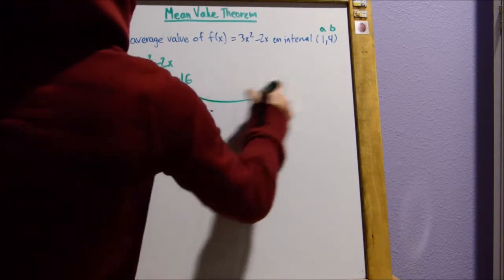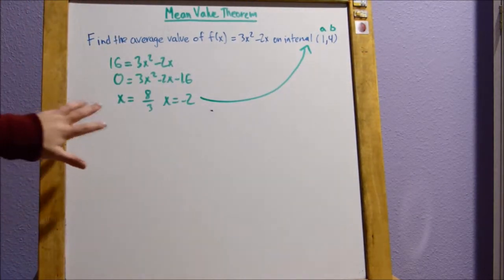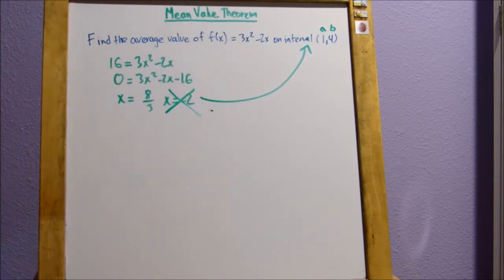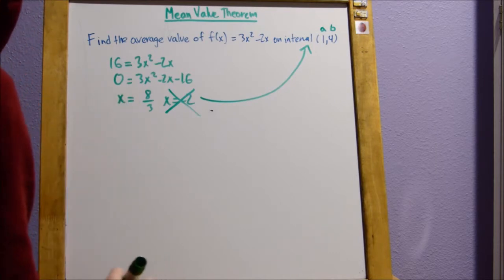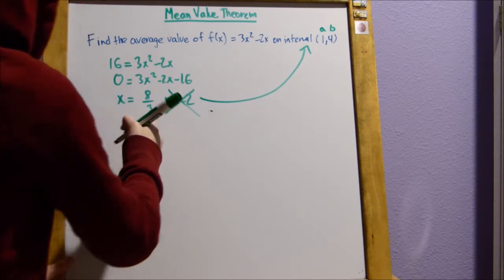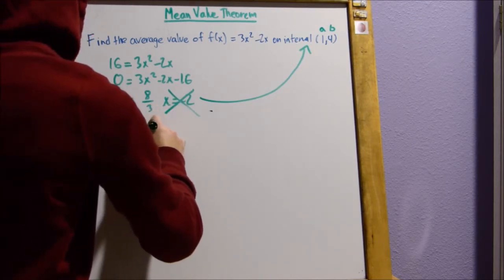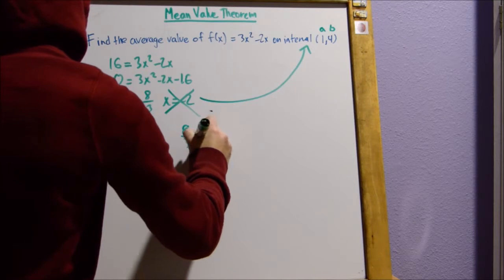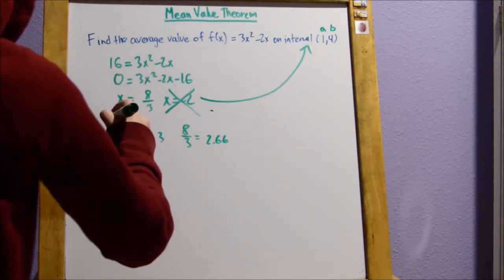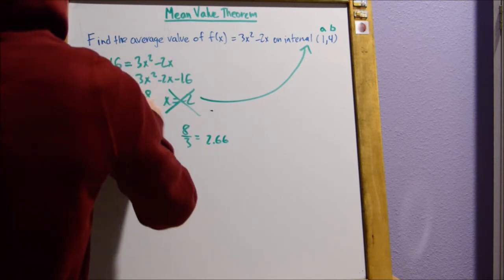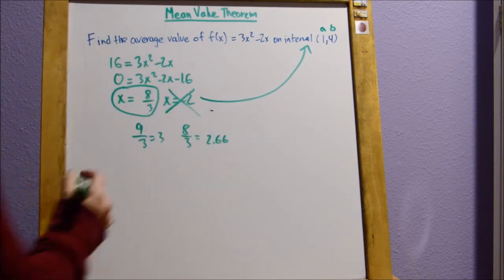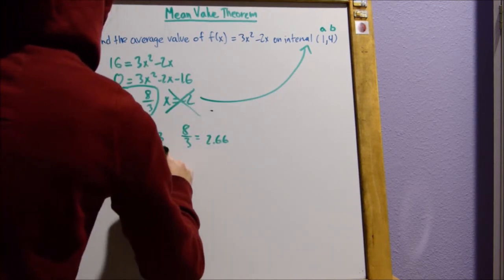Let's go back to this interval [1, 4]. -2 doesn't fit in that interval, so we just cross it off. 8/3, on the other hand, is a little bit under 3, because 9/3 is 3, so 8/3 is about 2.66. That fits in the interval. So that means this is where the perfect height is. It would be (8/3, 16).